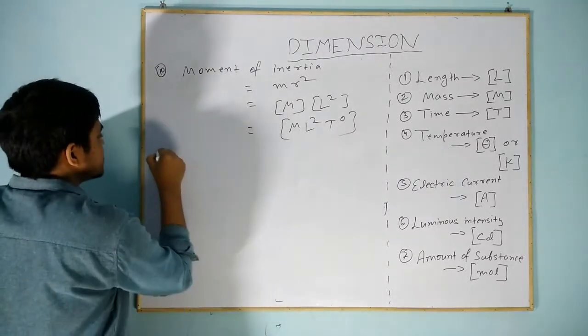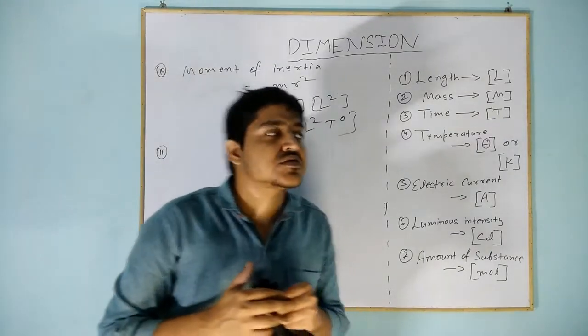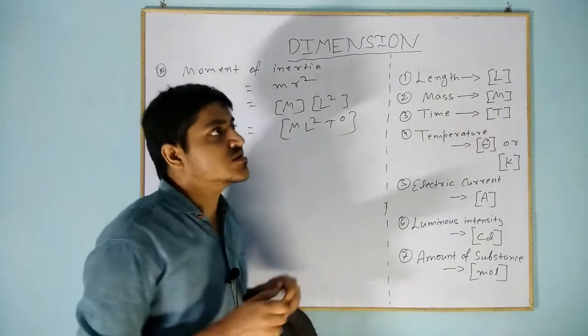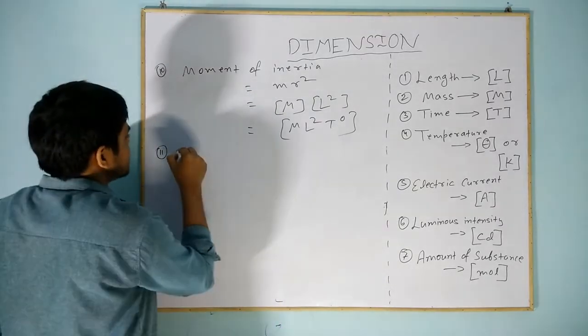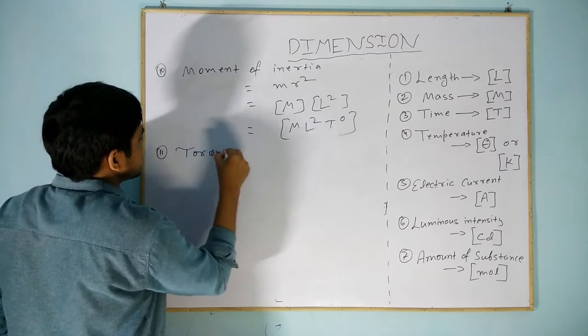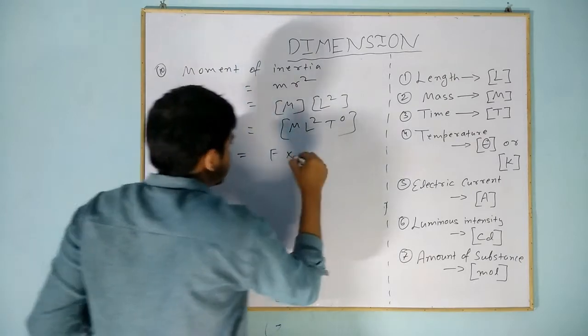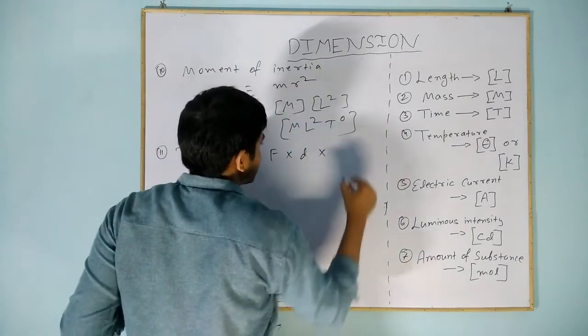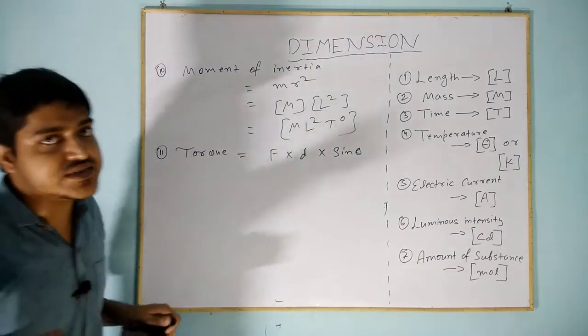Number 11, we have taken work, we have taken power, moment of inertia. Let's talk about torque. Torque is force into distance into sine of the angle between force and distance.